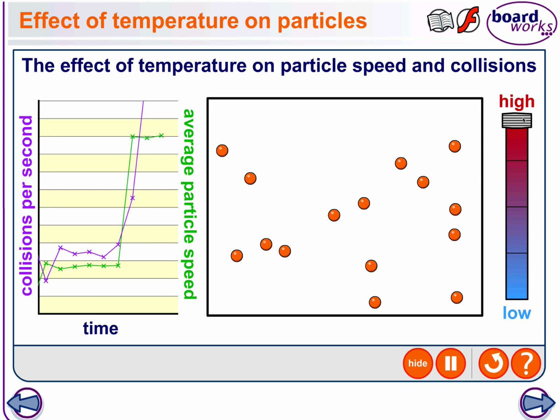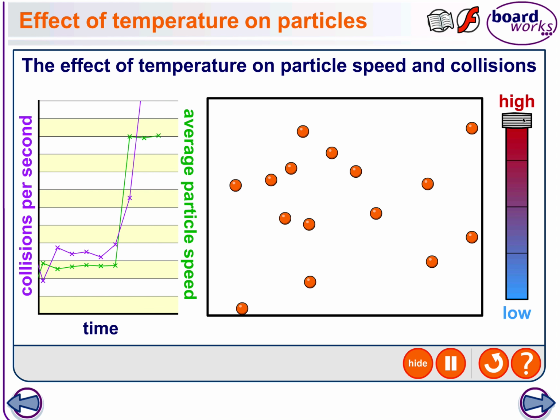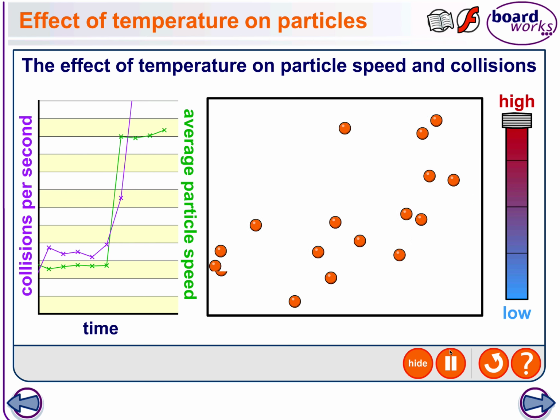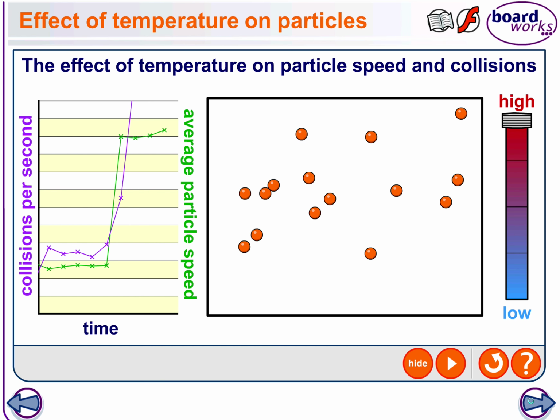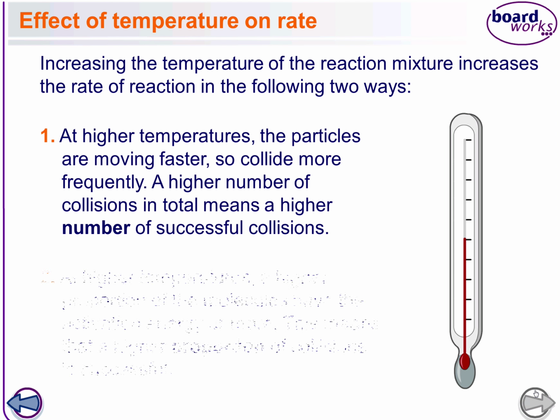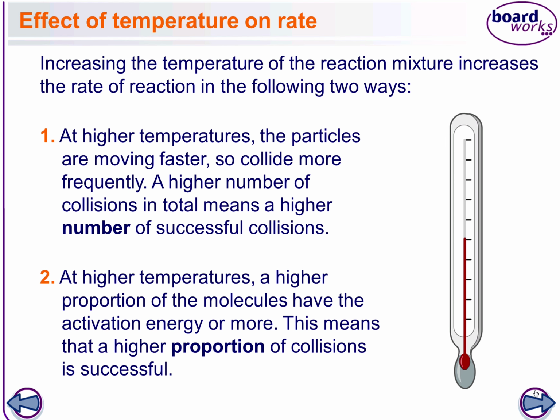But not only that, you can see that every collision is colliding with more force, and that is a big factor as well. Right, okay. So, just a reminder, at higher temperatures the particles are moving faster, they collide more frequently, and they also collide with more force, so there are more collisions with an energy above EA.